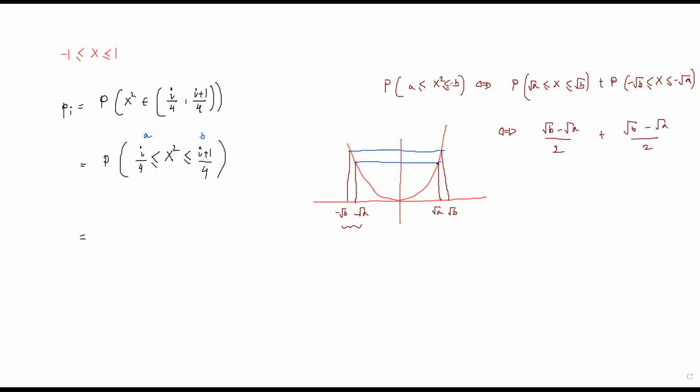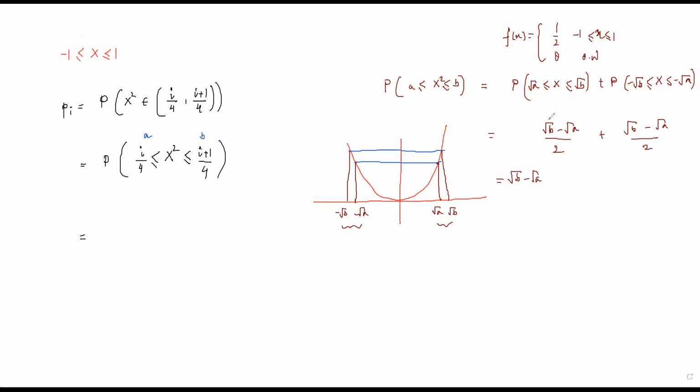So this is equal to root b minus root a, because there are two regions and both lengths are the same, and hence they add up. And why divide by 2? Because X takes values from -1 to 1, so f_X, the PDF, is 1/2 if X is between -1 and 1, and 0 otherwise.